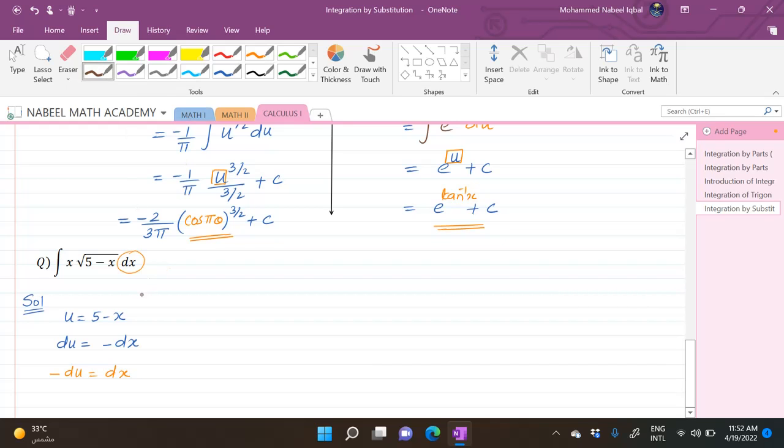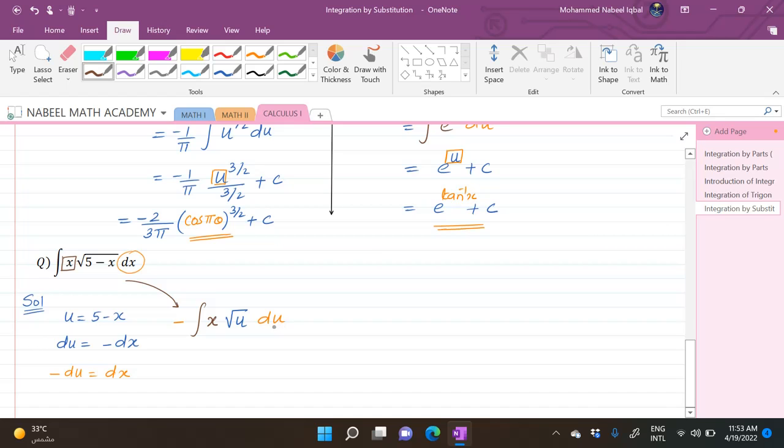Now the whole integral is converted into what? The integral of root u, and this one is du, with a minus outside, and we will find there is still an x inside. Now one more thing I have to make clear here.